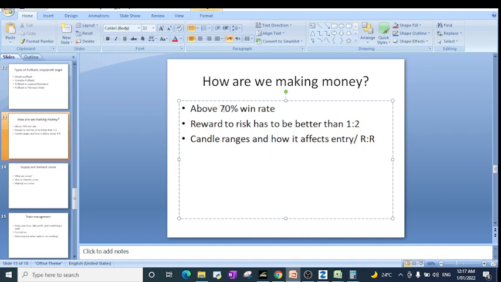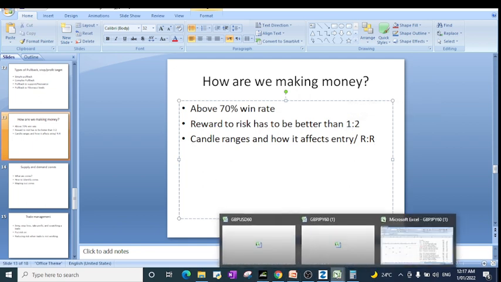To break even on this side we need something like 30, on this side we need 70. So anything bigger than 30 on this side we are making money. So if we are entering a trade at 35% retracement, 38% retracement, 40% or 50% retracement, we are making money.